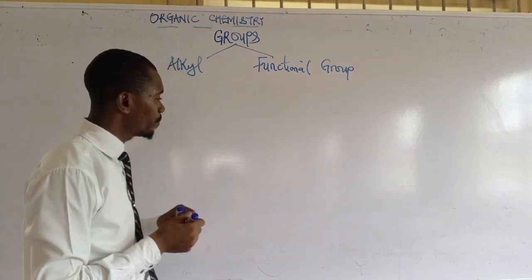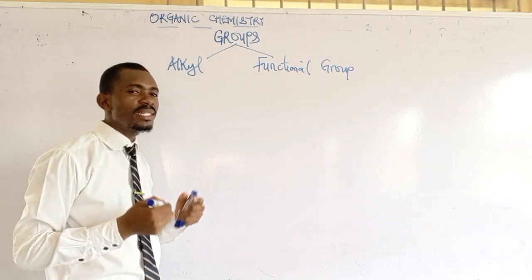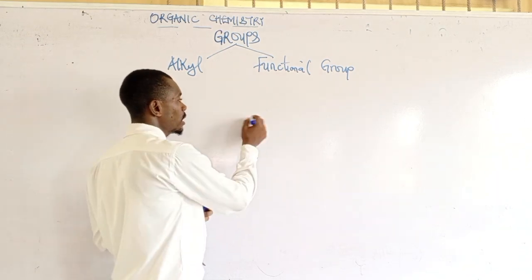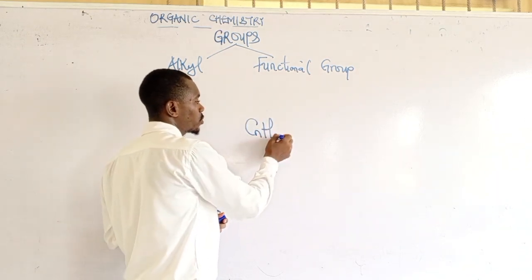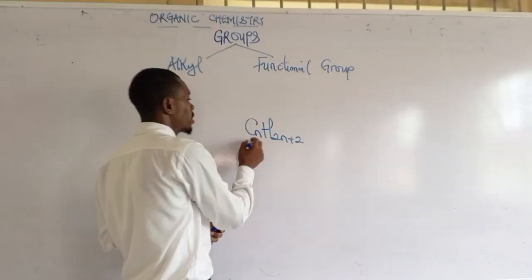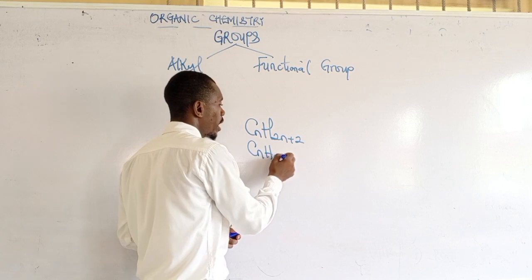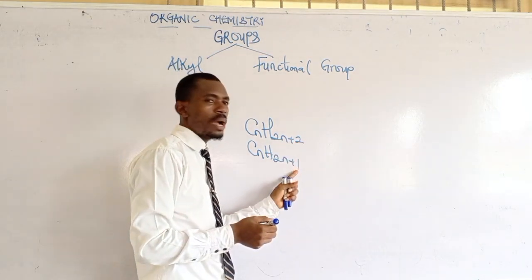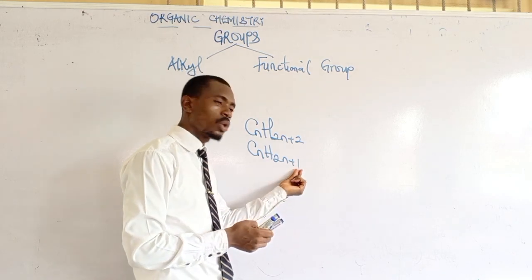The alkyl groups are like derivatives of the alkanes. You know that the alkane formula is CnH2n plus 2. The alkyl is CnH2n plus 1. Now you can see that there's 2 here and 1 here, meaning that something is lost.